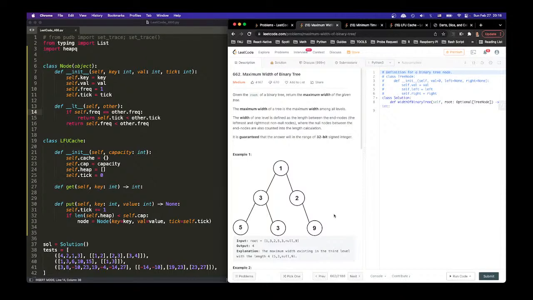It has to be on the same level. Well, we just try to find each level, right? So at each level, we find the leftmost and the rightmost.